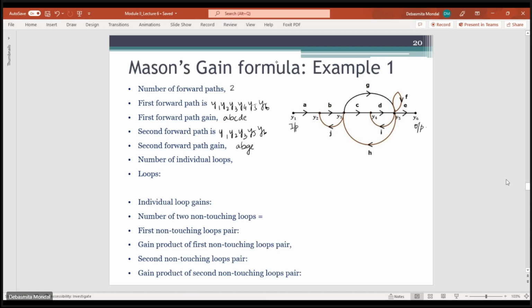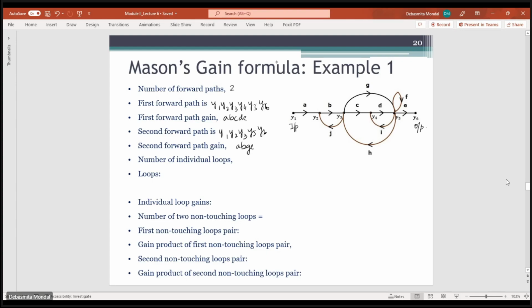Ma'am, two loops are there. Only two loops. Okay, fine. Tell me what loops are there. Ma'am, one is G and H, because it's starting from the same path and ending at same path again. And second one is the F1, ma'am.